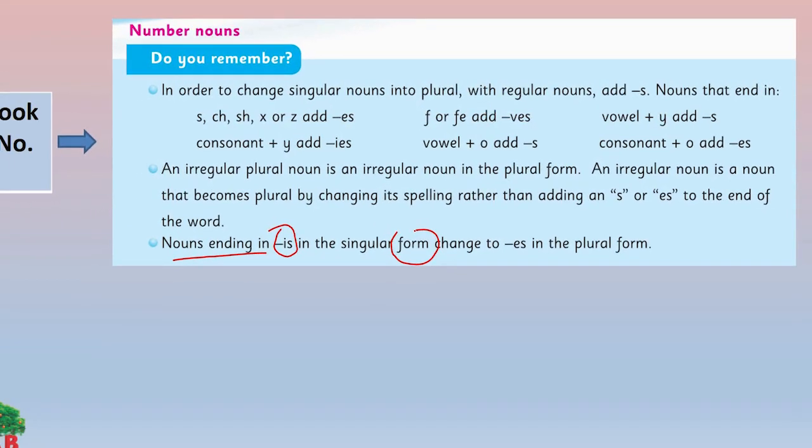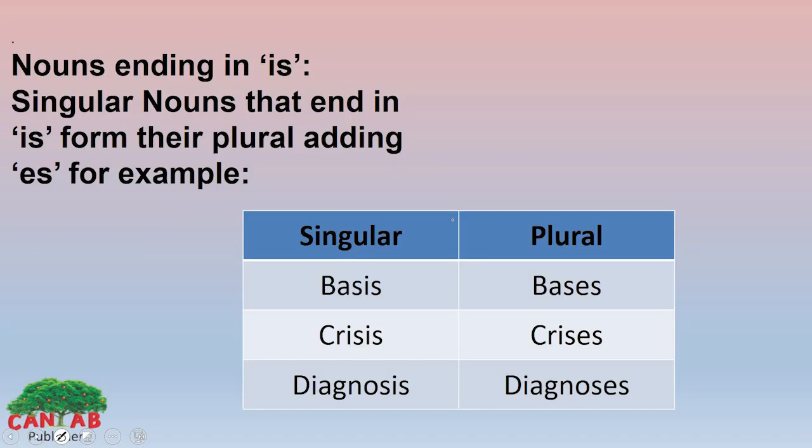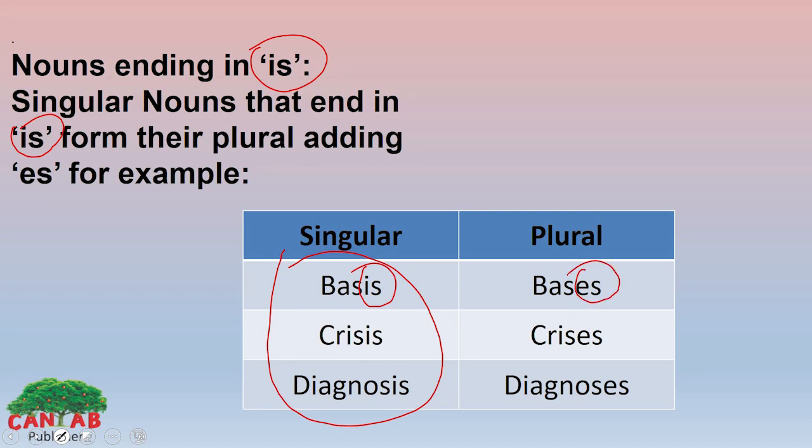Look at some examples. Nouns ending in is, singular nouns that end in is form their plural by adding es, for example. These are the singular forms. Basis, it is ending with is, so we have added es in its plural form here to make it plural. Crisis, crises. Diagnosis, diagnoses.